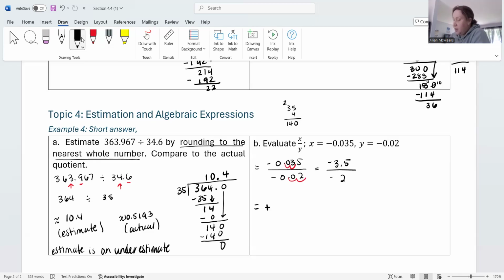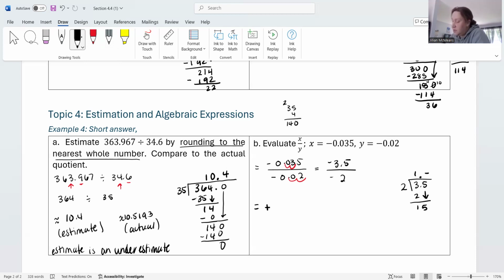All right? And I'm going to go off to the side and divide 3.5 by 2. So make sure to bring your decimal up into the answer. 2 will go into 3 one time. 1 times 2 is 2. We subtract and get a 1. Drop down the next digit in line, which is a 5. So now 2 into 15.